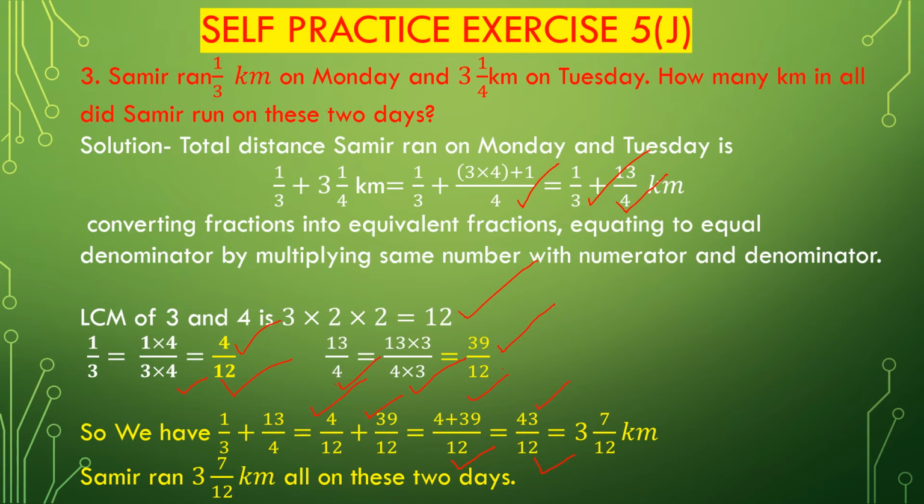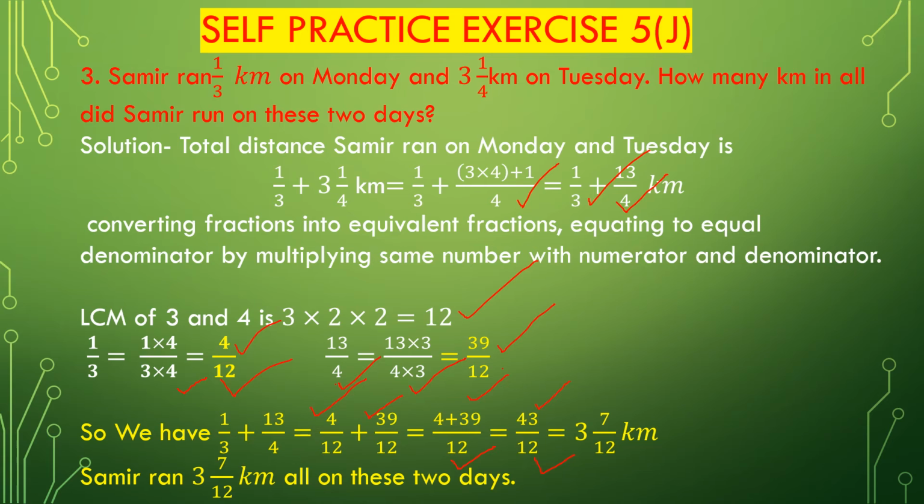Now we have to convert this improper fraction into a mixed fraction. Just divide the dividend by the divisor. Dividing 43 by 12, we get 3 as the quotient and 7 as the remainder. We can write 43 as 3 multiplied with 12 plus 7, where 3 is the quotient and 7 is the remainder.